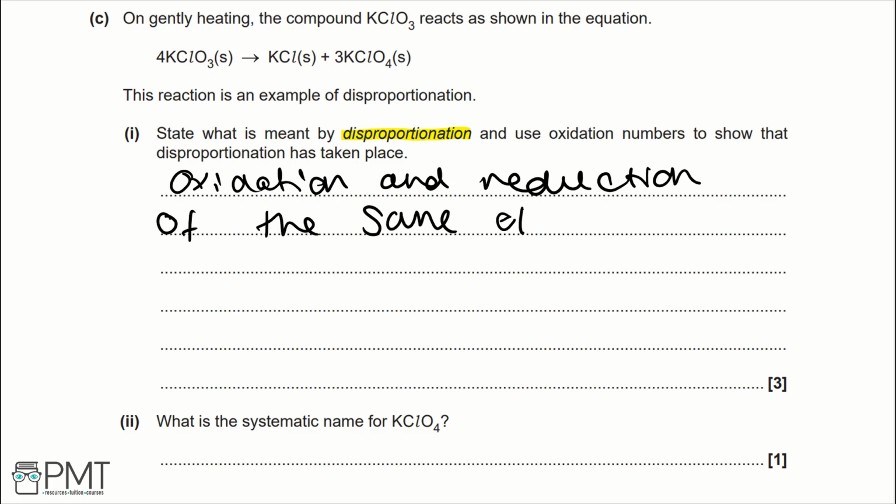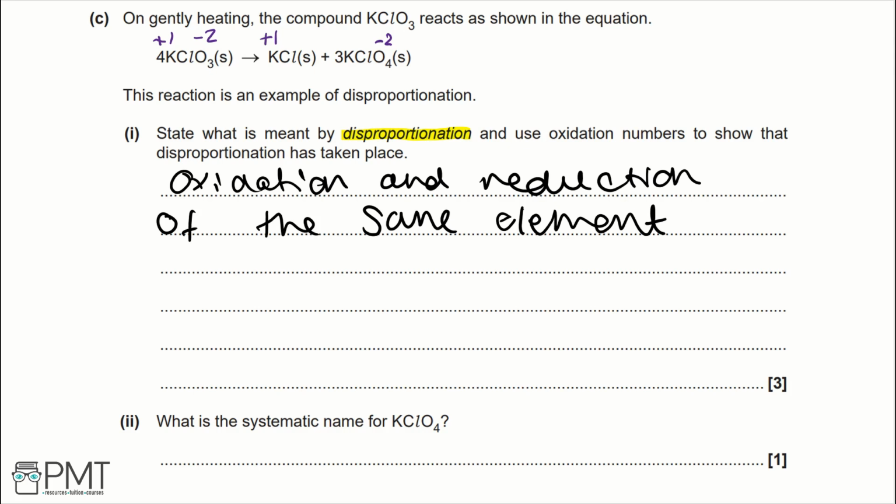So if we look at the equation that we've been given and we write the oxidation numbers, potassium would always have an oxidation state of +1 and oxygen will always have -2. So we can continue writing that across the equation. So it would be chlorine that's going to have disproportionation.